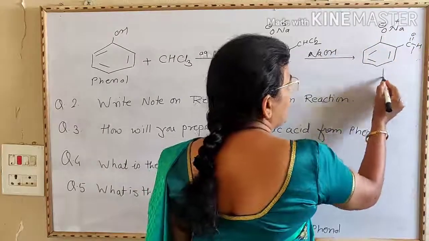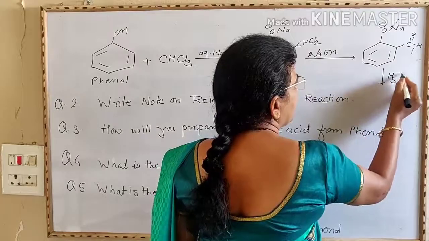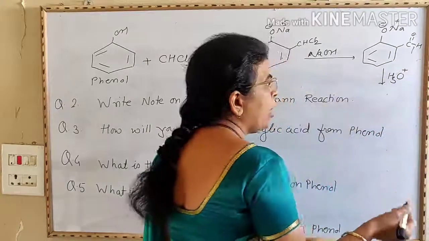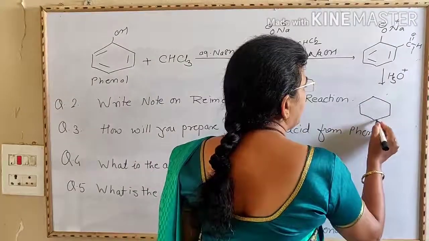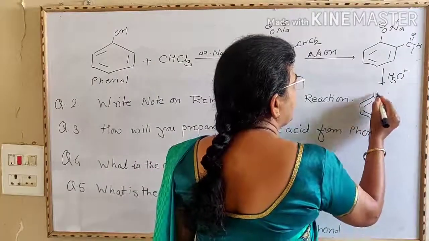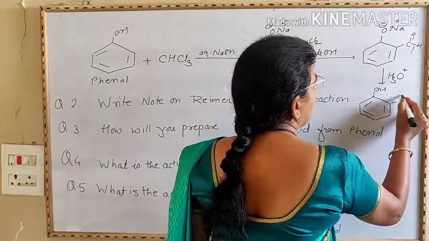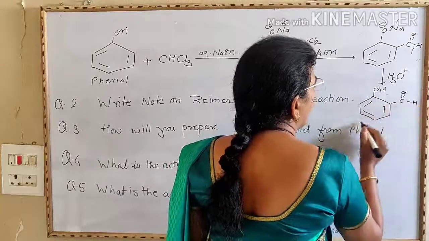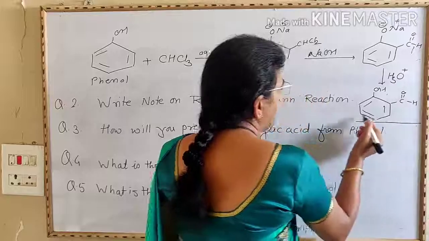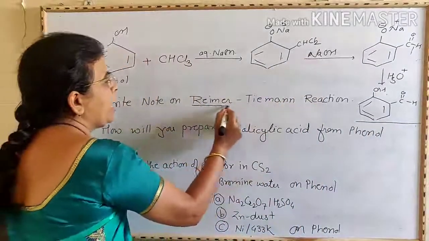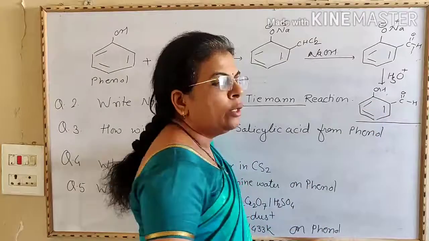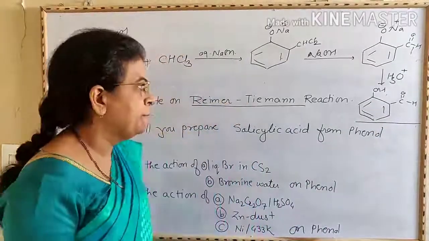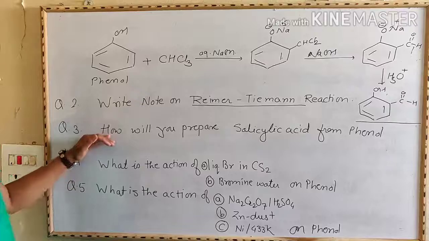Now when this compound undergoes acid hydrolysis, it gives salicylaldehyde, that is here OH and here CHO. This compound is salicylaldehyde and this reaction is named the Reimer-Tiemann reaction. This salicylaldehyde is nothing but 2-hydroxybenzaldehyde.